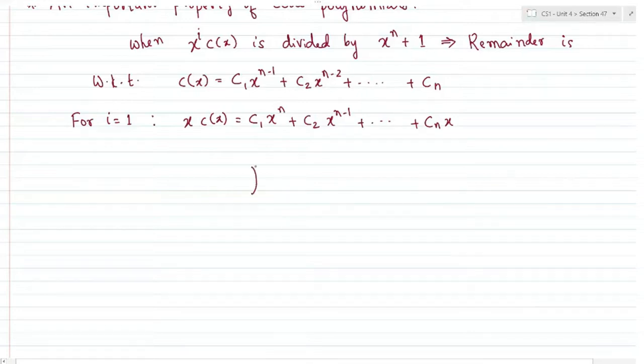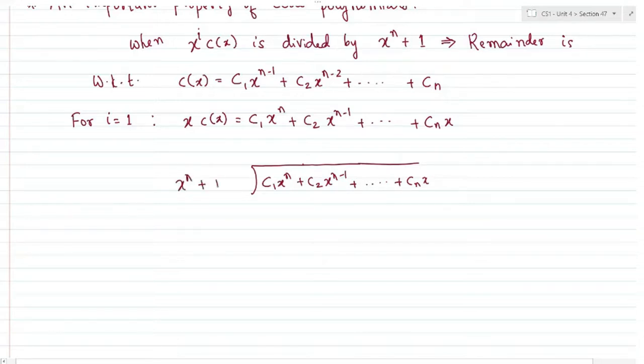You know the division of the polynomial: the dividend is c1 x^n + c2 x^(n-1) up to cn x, and I'm dividing by x^n + 1. The first element in the quotient is c1, so this would be c1 x^n plus c1.